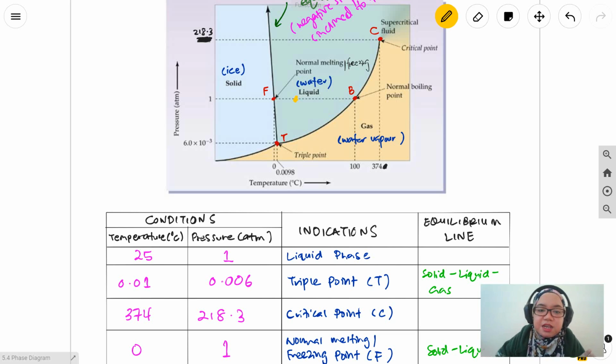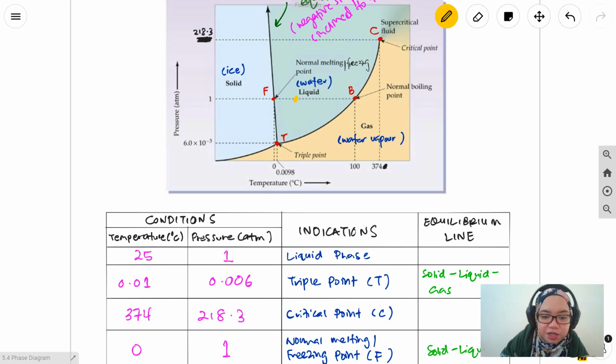Okay, however, at temperature 0.01 and at pressure 0.006 atm, this is where the water component is at the triple point, where water exists as solid, liquid and gas in equilibrium lines.